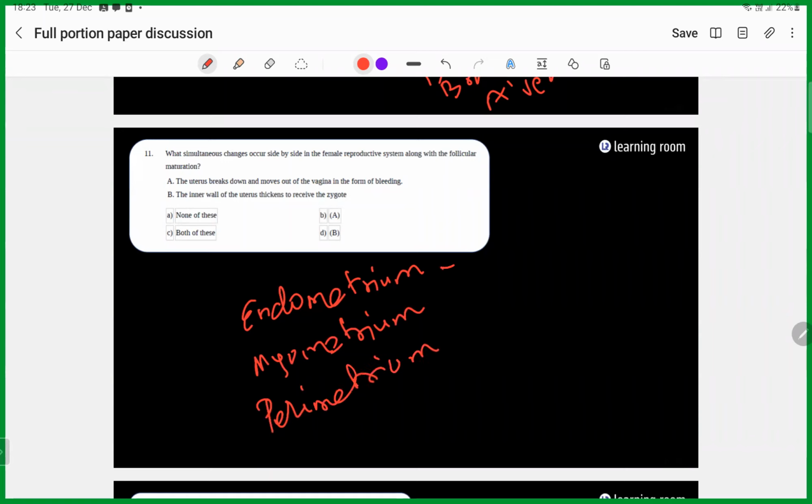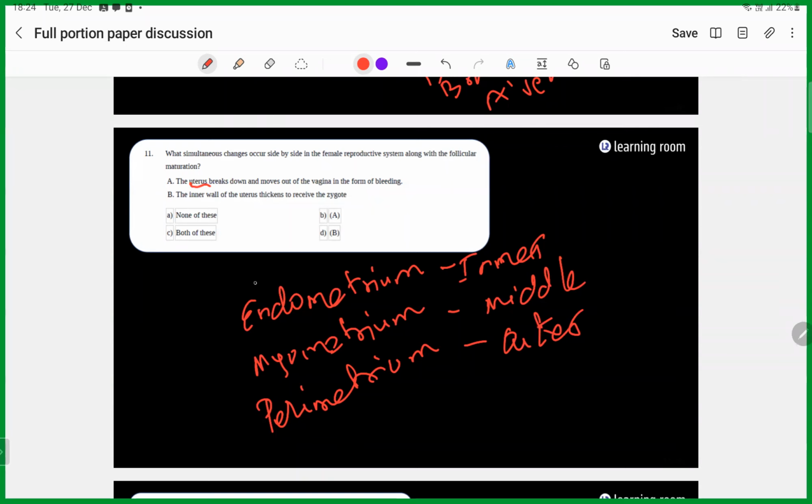See, this is the inner wall, this is the middle wall, and this is the outer wall of the uterus. Okay. So here the option A means uterus, in the sense the better term instead of uterus is the endometrium.